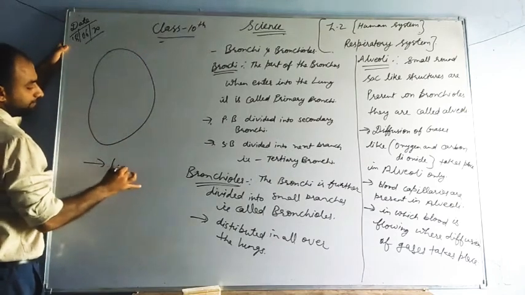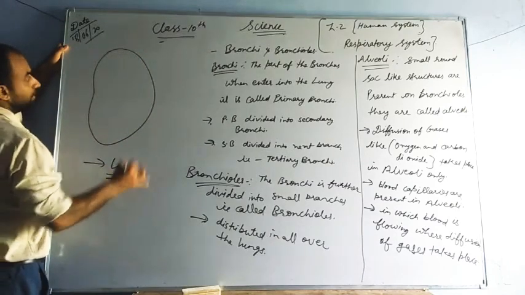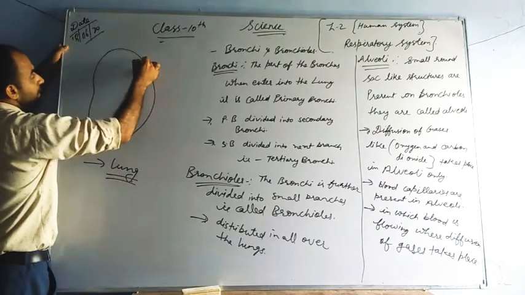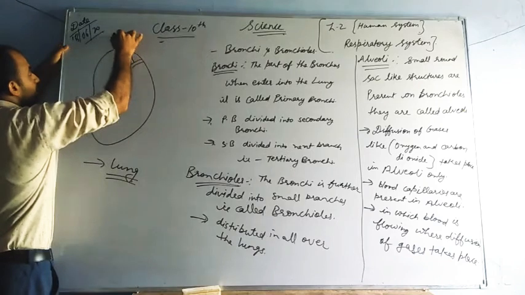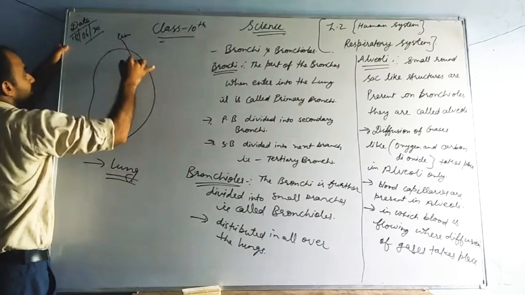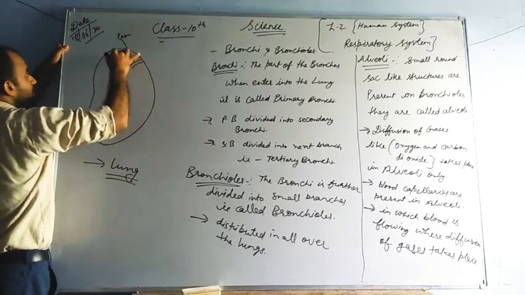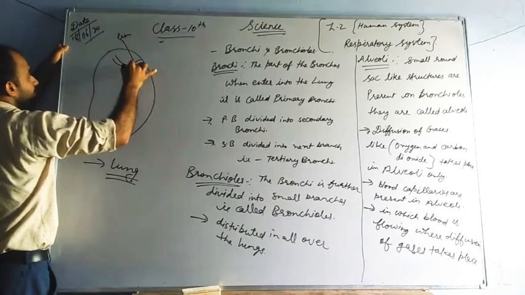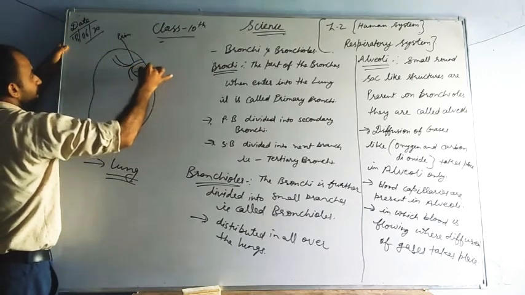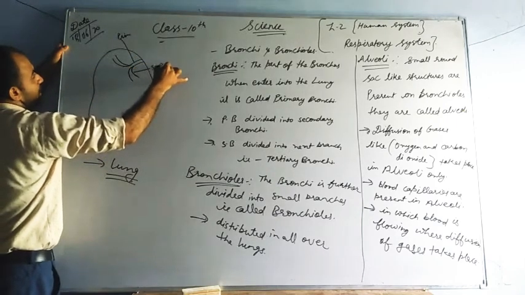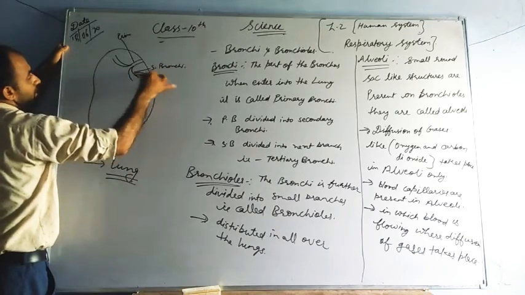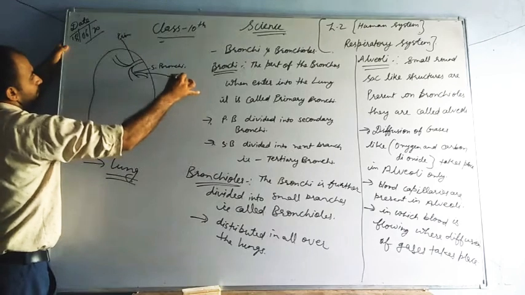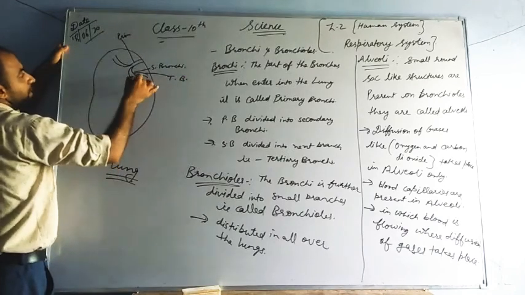Suppose this is a lung, right? Inside this lung, it is primary. Later on, divided. It is secondary bronchi, right? Later on, tertiary bronchi, right?